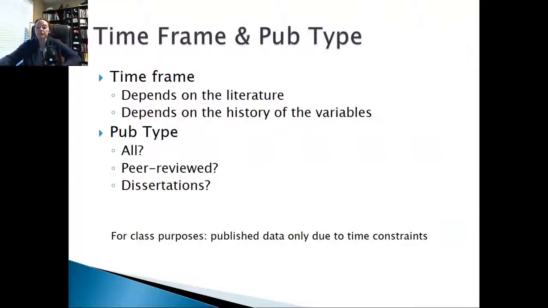We will cover this a lot later in the term, but a lot of folks who do full metas really think about trying to include everything: peer-reviewed publications, dissertations, book chapters, conference presentations, government reports, anything that's out there. That way you're pulling a representation of everything that is out there to the best of your ability that probably has varying effect sizes.